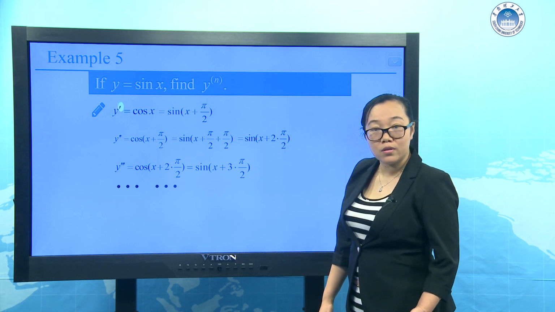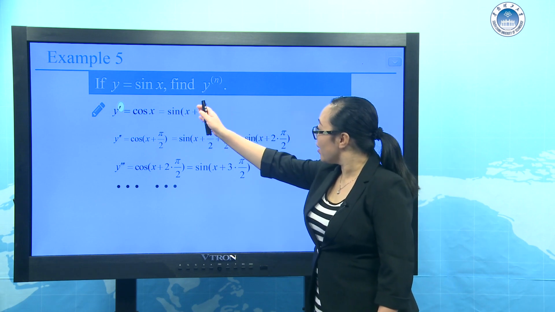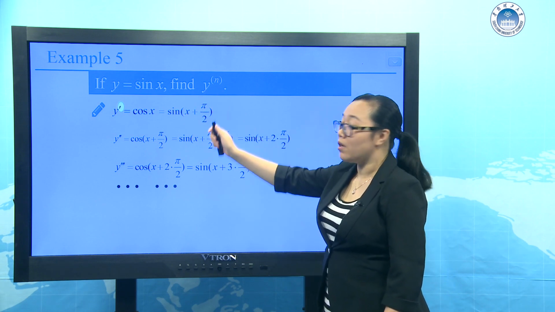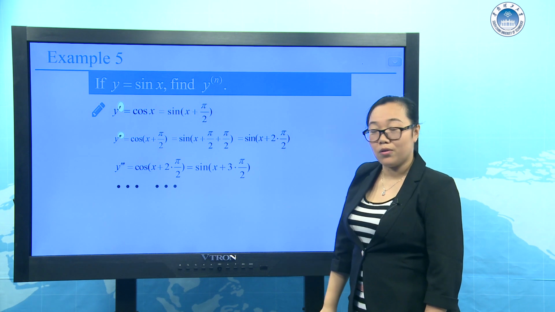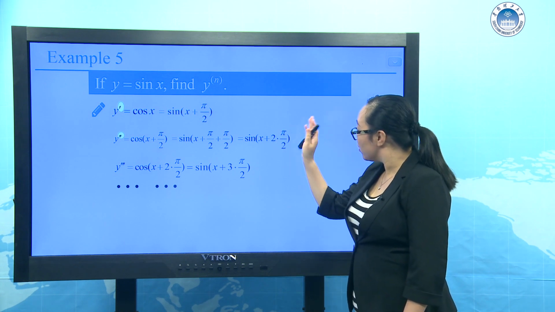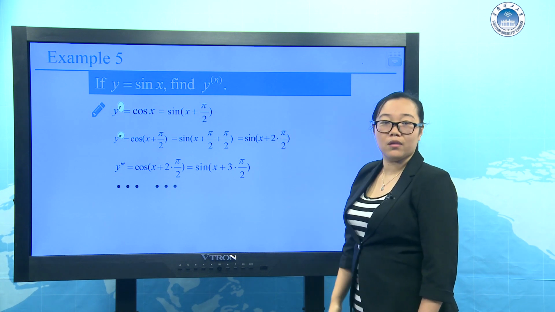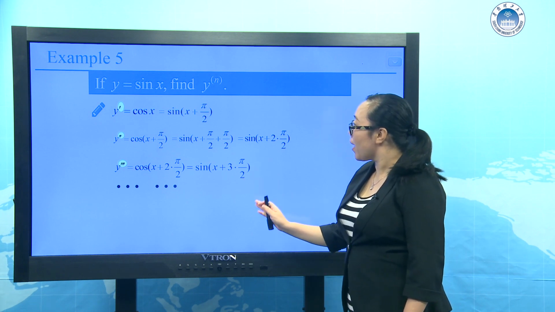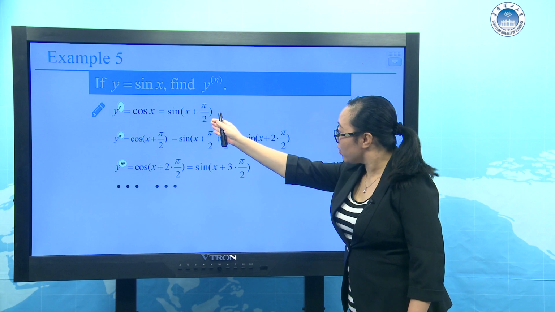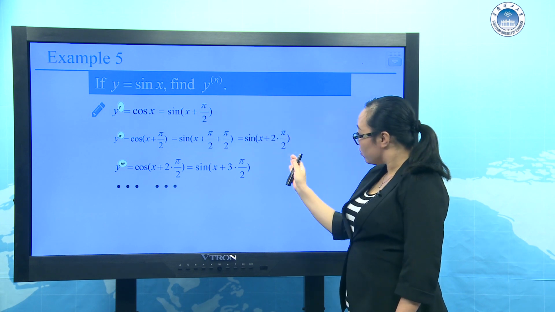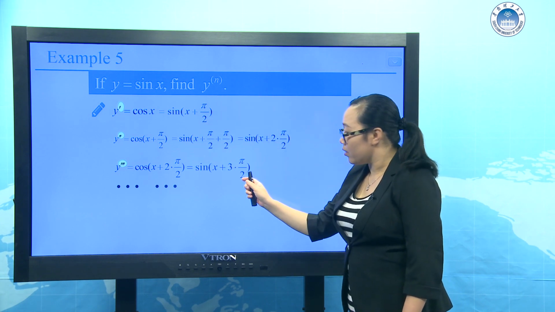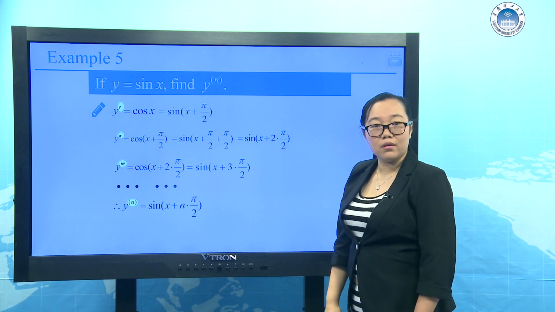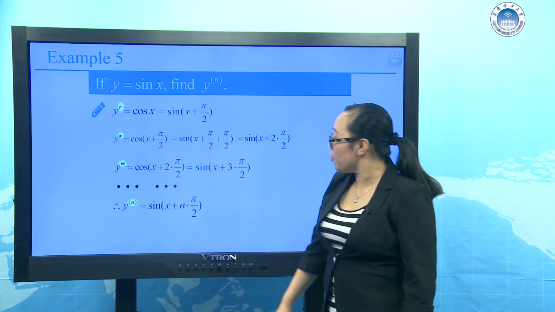Look at the first: sin(x plus 1 times half pi). Second: sin(x plus 2 times half pi). Third means 3 times half pi. 1 corresponds to 1, 2 corresponds to 2, 3 corresponds to 3. So together we can get the corresponding summary.